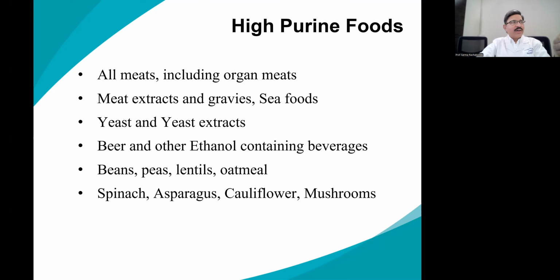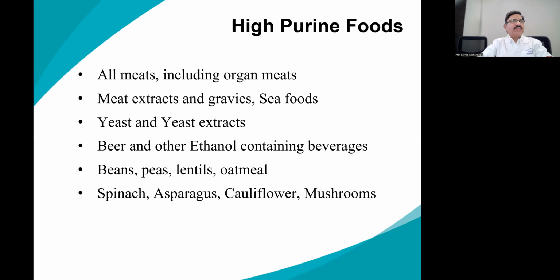All meats, including organ meats, not only muscle but liver and other organ meats also. Muscle meat, organ meats, meat extracts and gravies, and seafoods. In fact, you can say almost every non-veg except chicken.